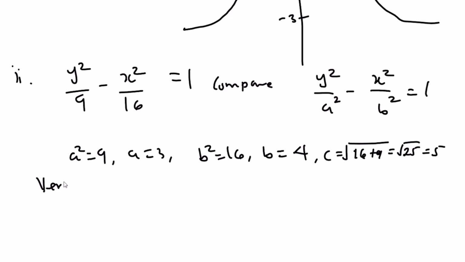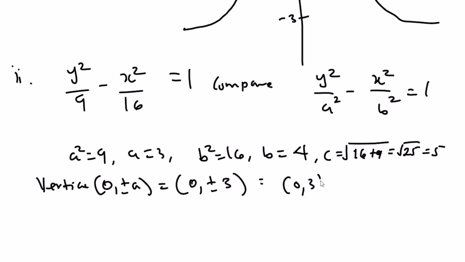So with this, we know all this. So the vertex, now it is on the y-axis. The vertex will be 0 plus or minus a, and this is going to give us 0 plus or minus 3. So our points will be 0, 3, and also 0, negative 3.